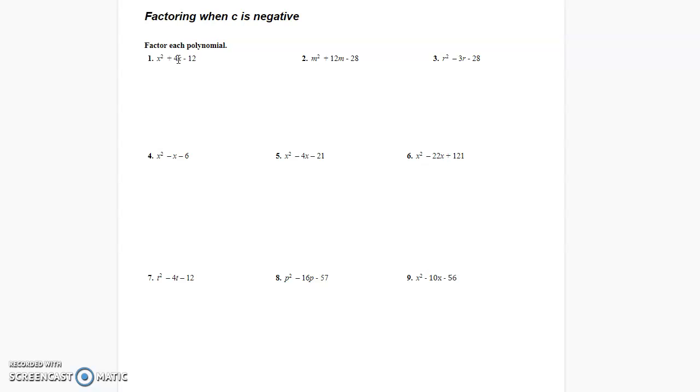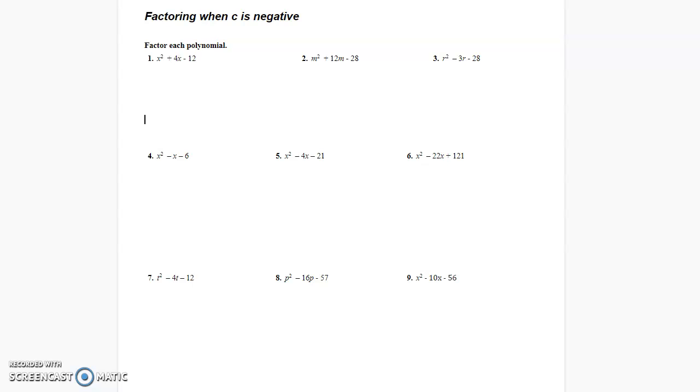So like negative 12 is negative 2 times 6, but it's also negative 6 times 2, and you want to find the factors that actually add up to what's in the middle.